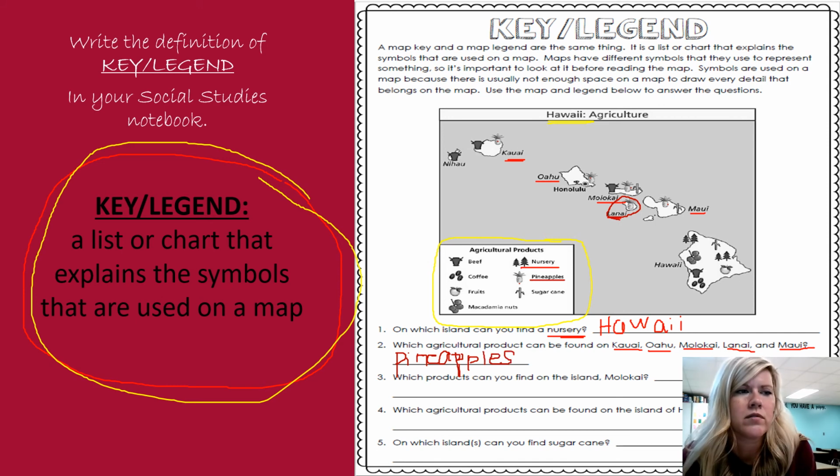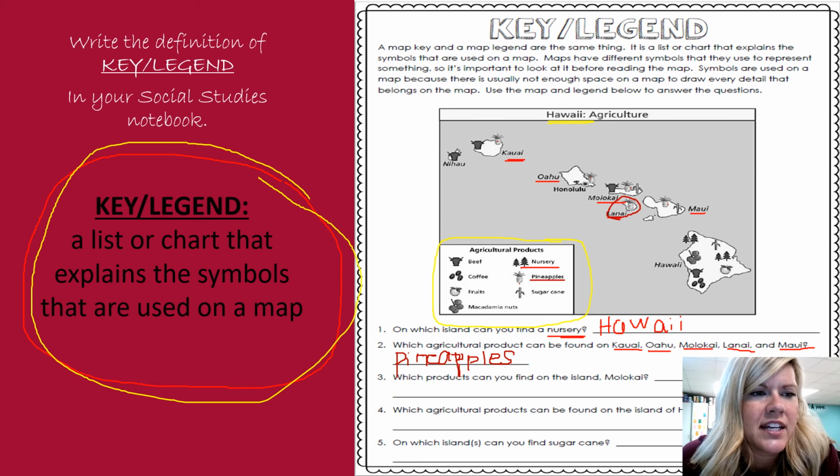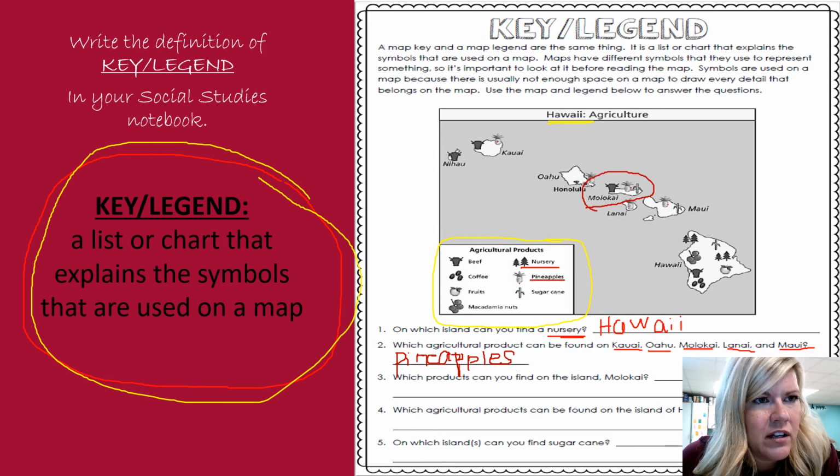Okay, number 3. Which products can you find on the island Molokai? Let me erase all these marks real quick. Molokai. So we want to find that island first. Here it is. And I see this symbol that looks kind of like a bull head. So that over here in my key stands for beef.